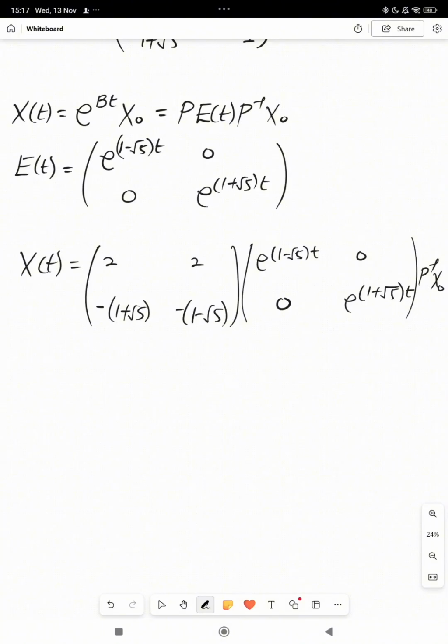Remember, you're supposed to multiply everything using matrix multiplication. So when you are done with everything, you will get your value for x of t.